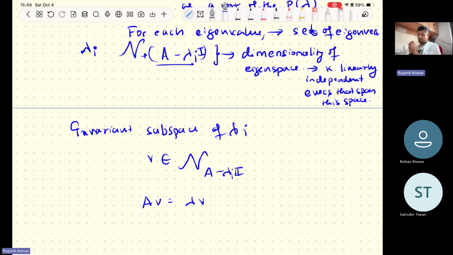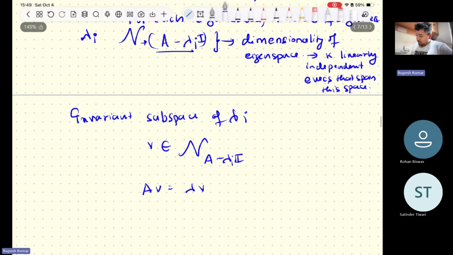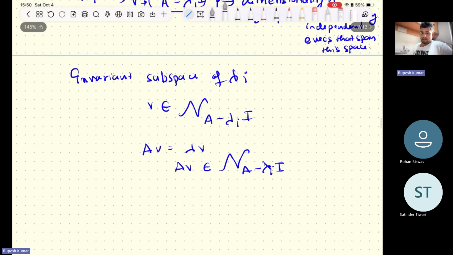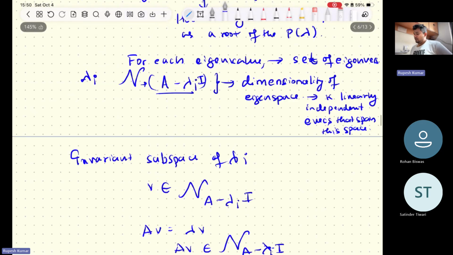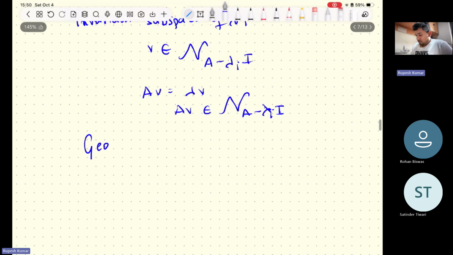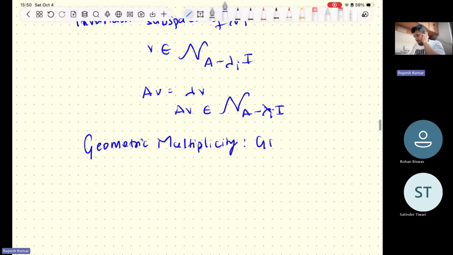So you can say that Av belongs to the null space of A minus lambda I times the identity matrix. Now this is what makes it an invariant subspace, right? So that's what it looks like. And then the number of linearly independent eigenvectors that span this space defines the geometric multiplicity, GM, right?